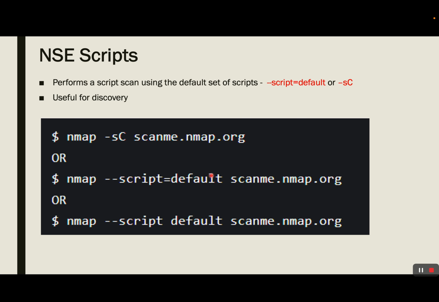If you want to run all scripts, you simply remove default and type all. The all parameter will be used to execute all NSE scripts that are included with Nmap. This concludes the theory part. We will next step into the practical part.